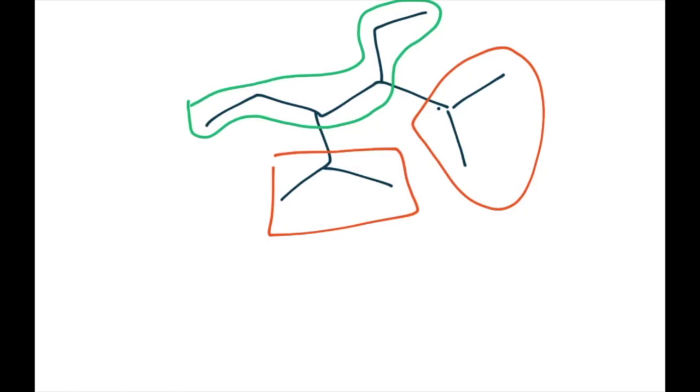What's the name of that group? Really, those are two horrific threes. So 3 carbons is propyl, but what is this shape? What is the prefix for this shape? That's iso. So this is isopropyl.